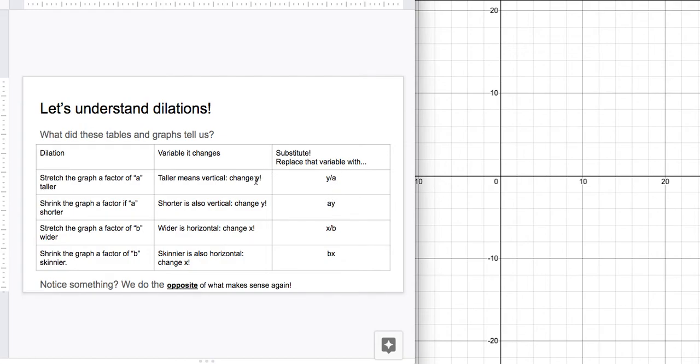If the new y is taller, I'd have to cut it to get back to the old. If the new y is shorter, I'd have to make it bigger to get back to the old. If the new x is wider, I'd have to cut it to get back to the old x. If the new x is shorter, I'd have to multiply it, make it bigger to get back to the old x. So once again, we're doing the opposite of what makes sense.